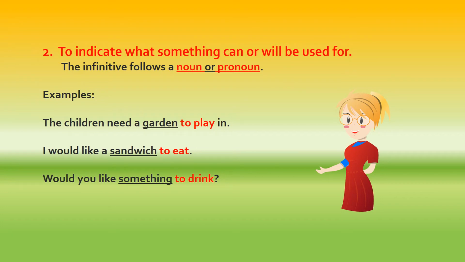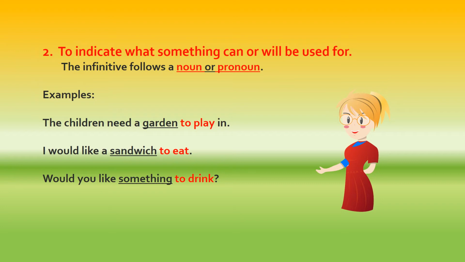Notice that the noun garden is underlined and it's followed by the infinitive to play. The infinitive to play indicates what would be the garden used for. So the garden will be used to play in.